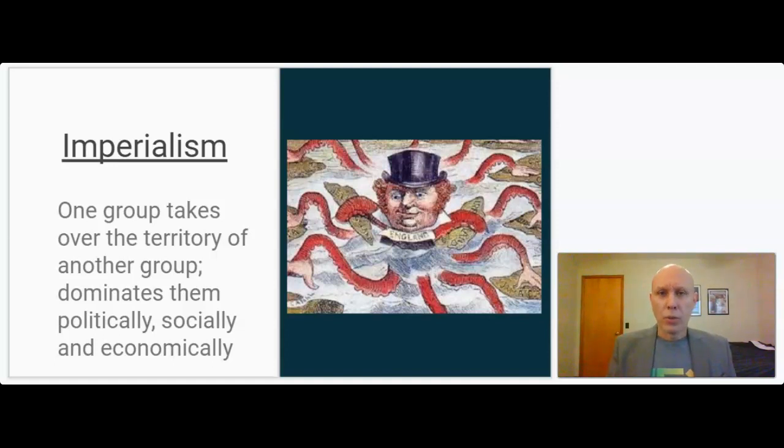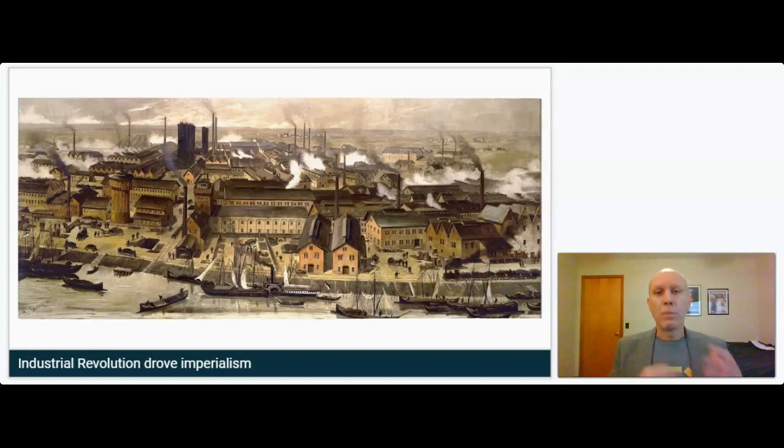Now, as far as why this came about when it did, one of the big picture reasons really is industrialization. And we'll talk about other details that went along with it in later videos. But for right now, just focus on the idea that the Industrial Revolution is really the big picture driver for this, because as countries like England began to industrialize, there were some things that they needed, or really want is probably a better word.